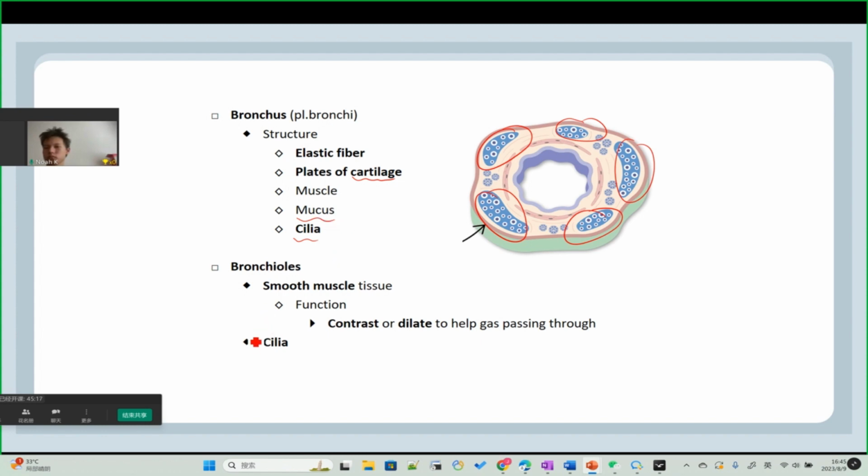However, for the bronchioles, there are no goblet cells, but just cilia. The bronchioles also have smooth muscle tissue, so they can contract and dilate to help the gas pass through.